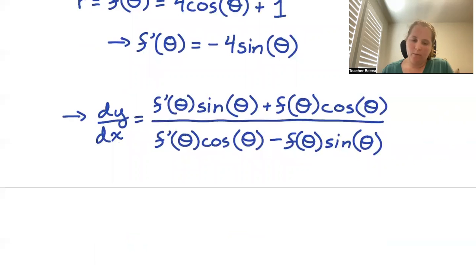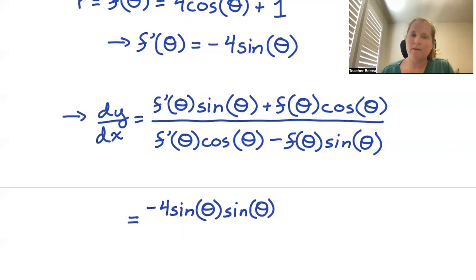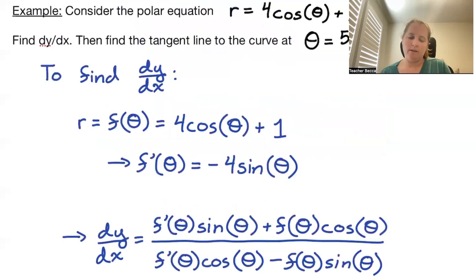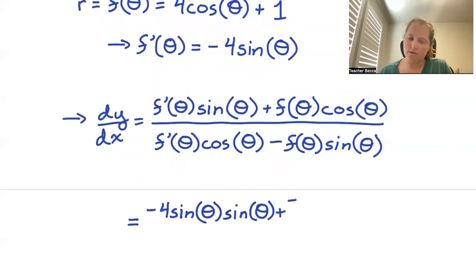F prime was -4 sine theta. So we have a -4 sine of theta times sine of theta. Then we have plus f of theta cosine theta. So we have plus 4 cosine theta times cosine of theta.